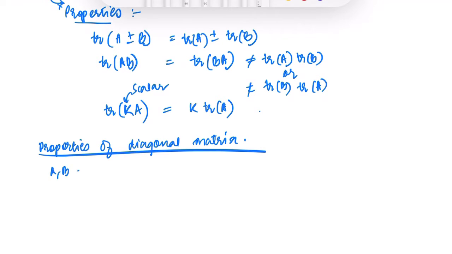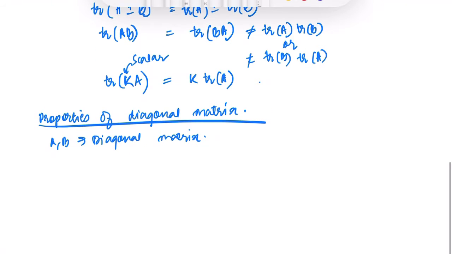Let's say we have A and B as diagonal matrices. If we have A plus or minus B, this is also going to be diagonal, right? We'll still get a diagonal matrix if A and B both are diagonal.